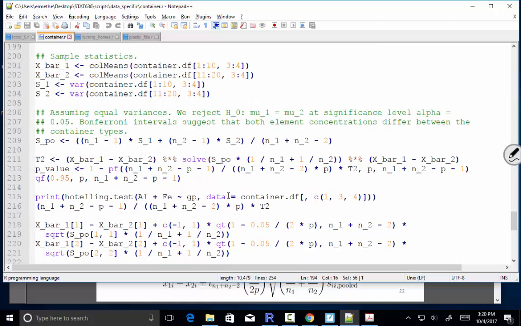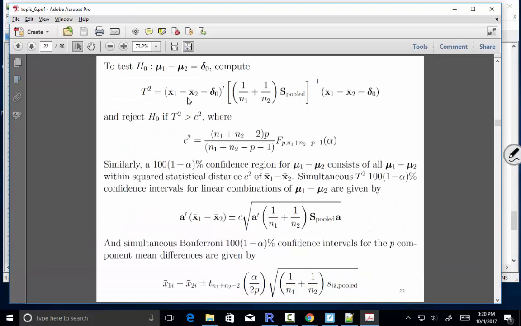So this code through here is implementing what's in our topic 6 notes. The two-sample t-squared statistic, this thing here, involves sample mean vectors. X bar 1 is the mean vector for comparison group 1, and X bar 2 is for group 2. Delta 0 is what we hypothesize the population mean difference to be.